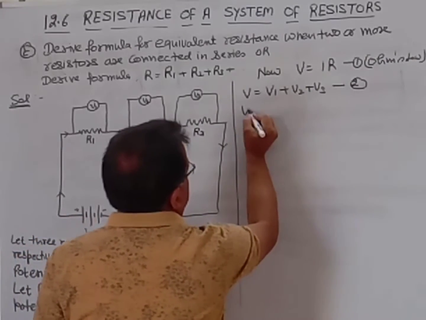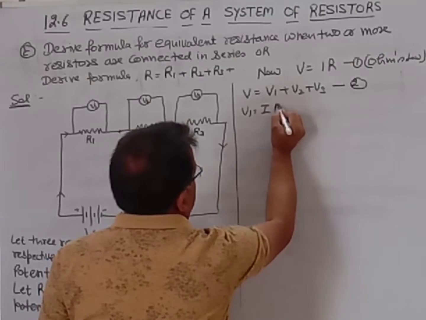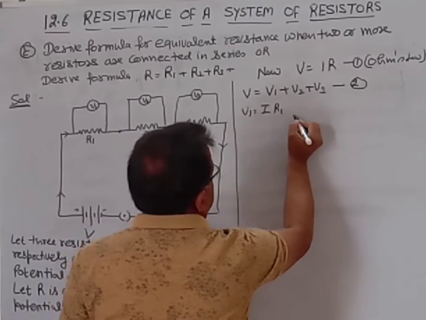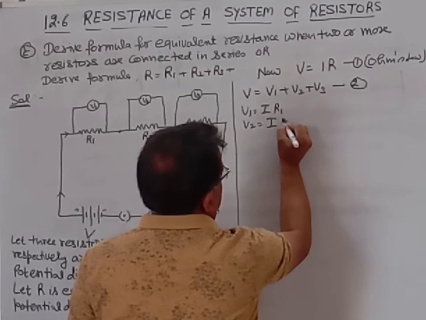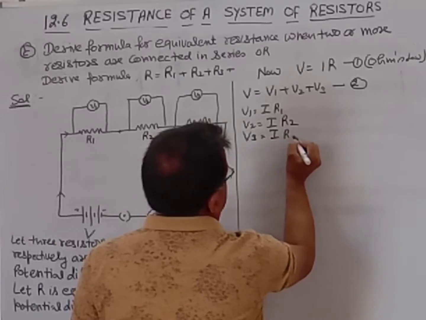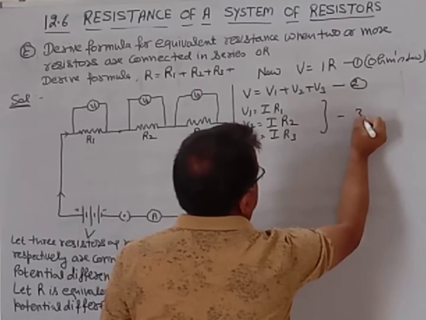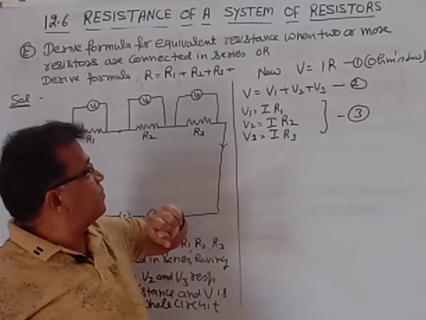And V1 is equal to I R1, V2 is equal to I R2, V3 is equal to I R3. It is number 3.